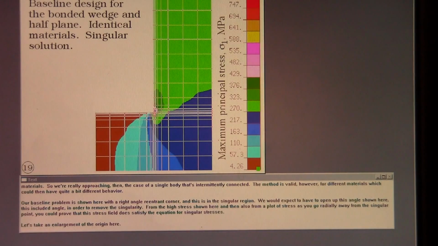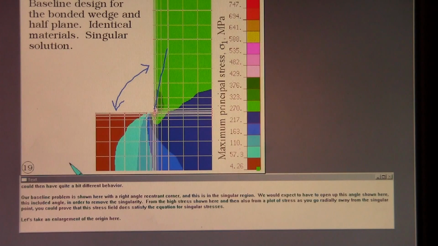We would expect to have to open up this angle shown here, this included angle, in order to remove the singularity. Now, from the high stress shown here, and then also from a plot of stress as you go radially away from the singular point, you could prove that this stress field does satisfy the equation for singular stresses.